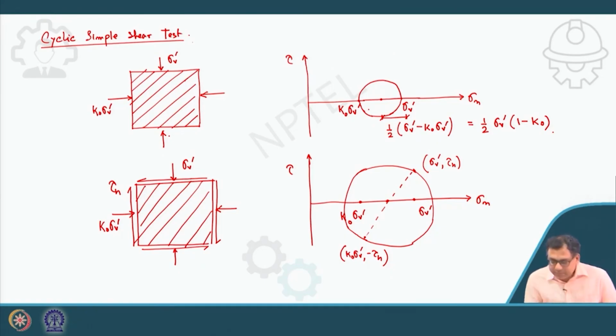Now, what is the maximum shear stress here? The maximum shear stress is this one. This is my tau max. So, this is the maximum shear stress. Clear?